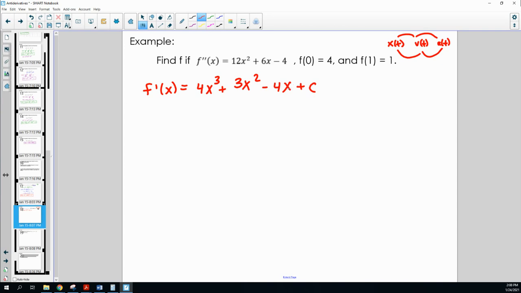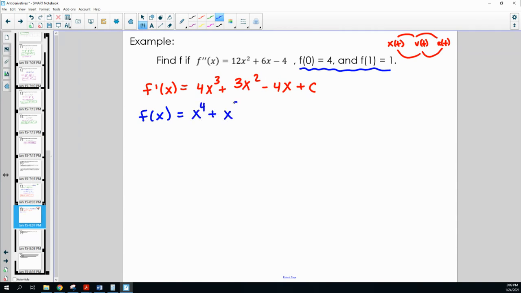So we don't have any information about f prime. The two conditions they gave us were about f. So I can't plug anything in right now and solve for c. So what I'm going to do is go find the antiderivative again so I can find actual f here. So f of x equals, again, increase by 1 and divide it. So this is going to give me x to the fourth, increase by 1 and divide it.